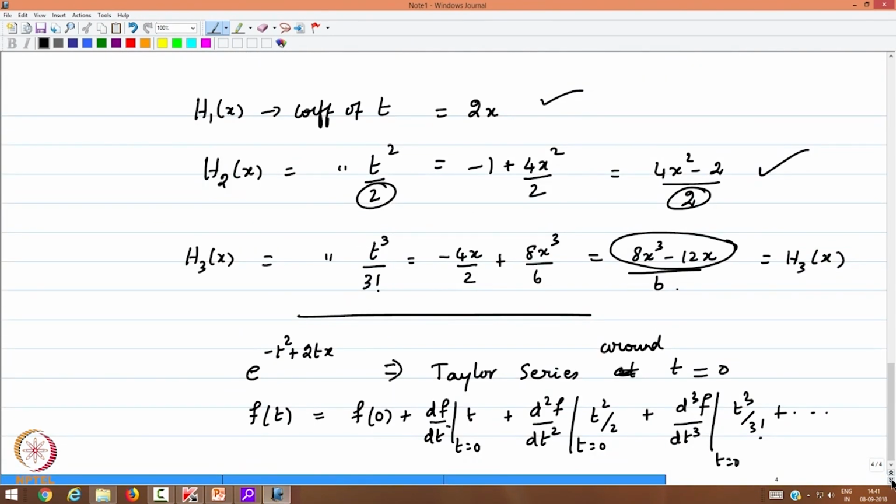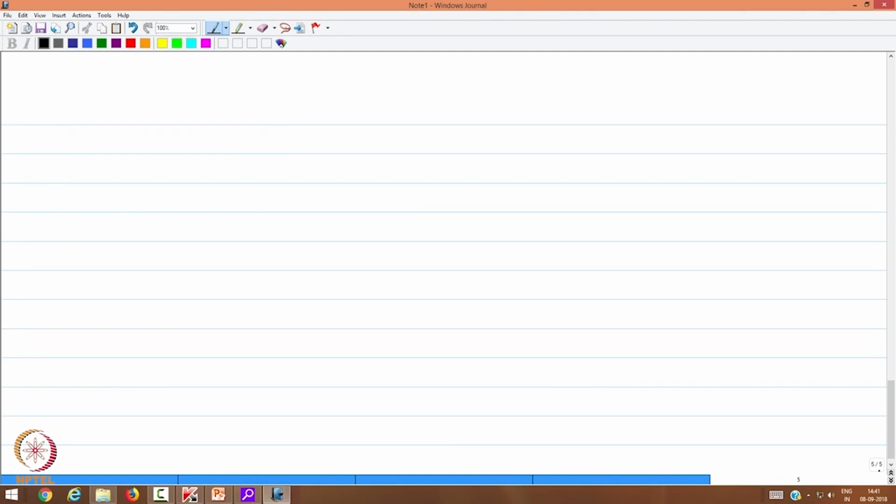Then it is easy for you to get exactly the same result. For e to the minus t square plus 2tx, if you evaluate f of 0, that is 1 because the exponential of 0 is 1. Then df by dt is going to give you e to the minus t square plus 2tx times 2x minus 2t.